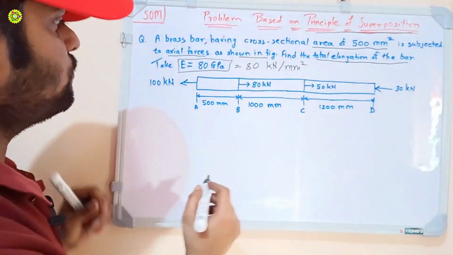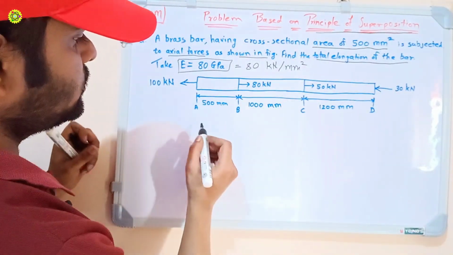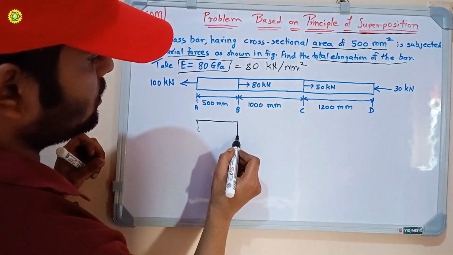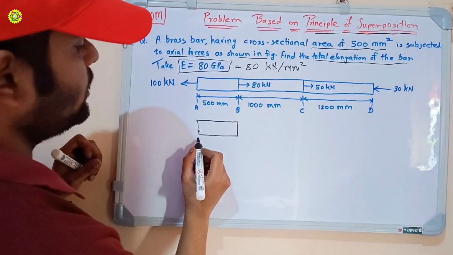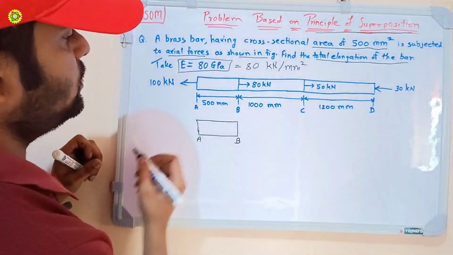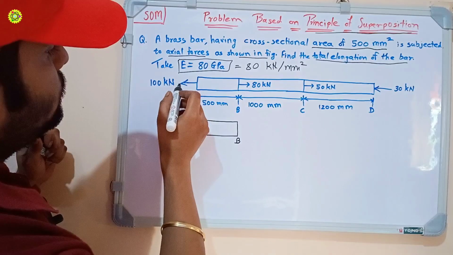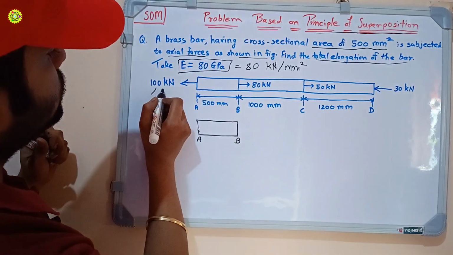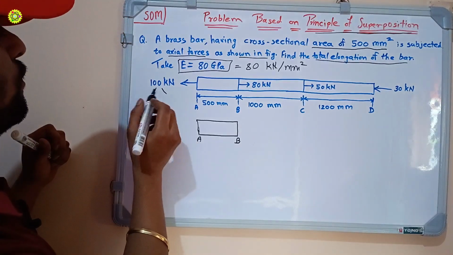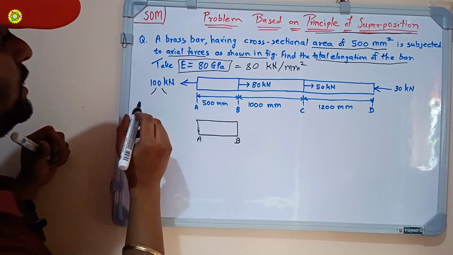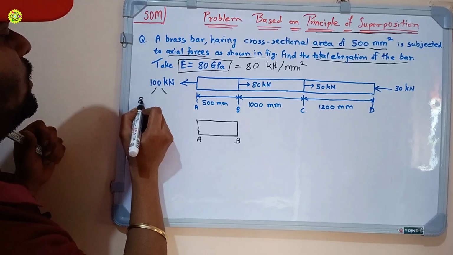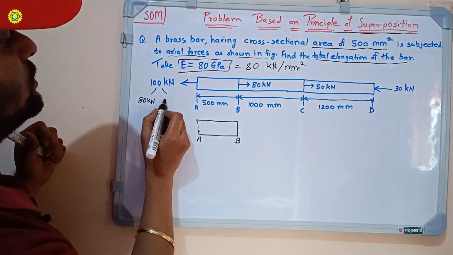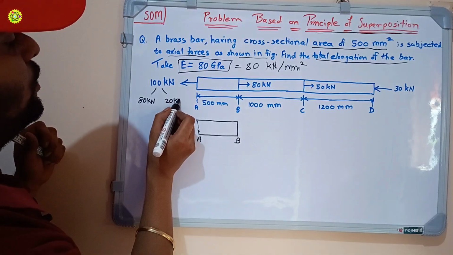So now, let's first take this bar, the AB bar. This is A, and this is B. Now we will divide this 100 kilonewton force into 80 kilonewton and another 20 kilonewton.